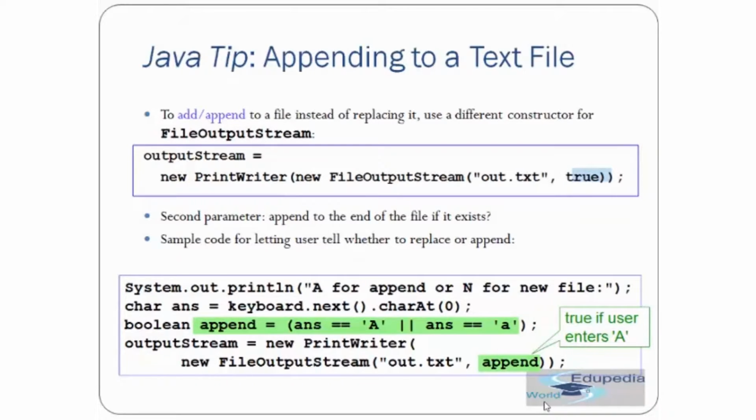So that's how we can even ask the user if they want to append to a file or open a new file. Appending to a file is a really useful thing that we should know and should do while opening a file, because we don't want to overwrite our data every time.